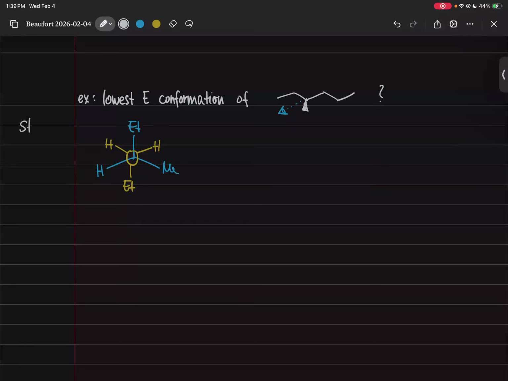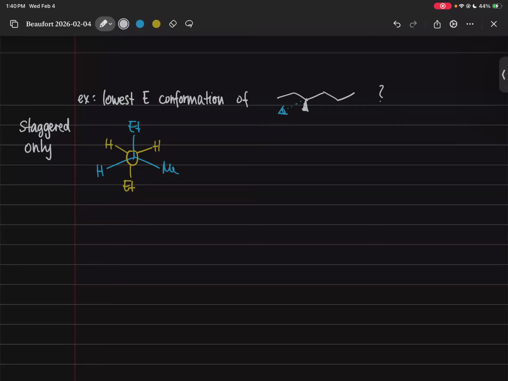So staggered only, because staggered is going to be lower in energy than eclipsed, so we don't have to worry about eclipsed. So what I'll do in this case is, you'll notice on the back carbon, it's got 2 hydrogens and 1 substituent.